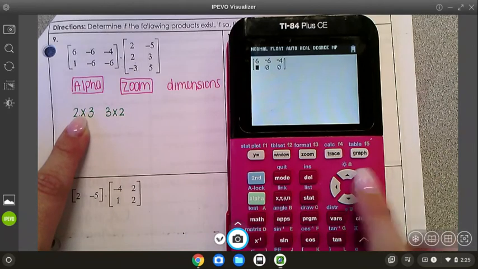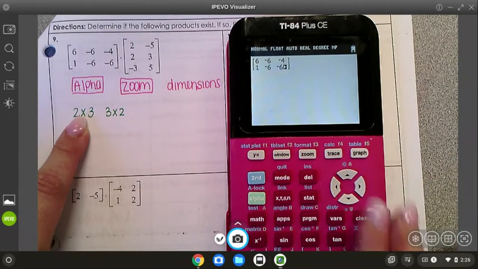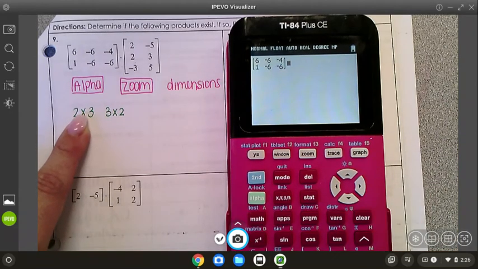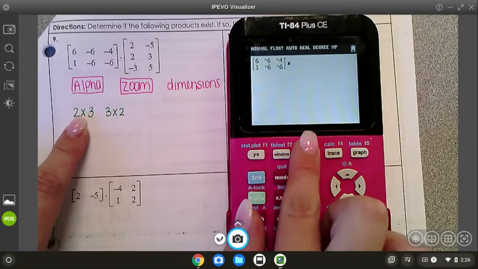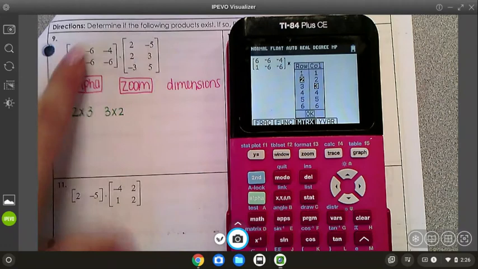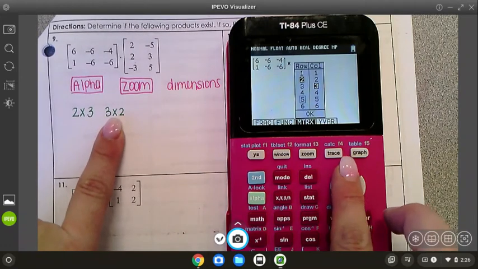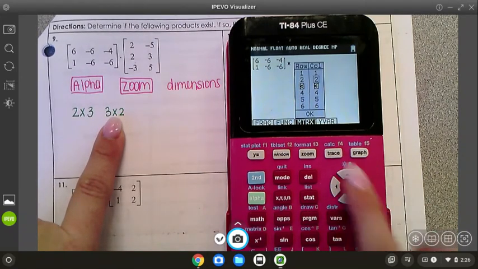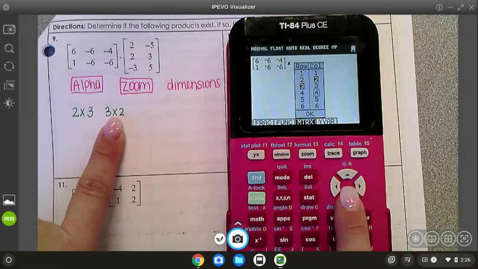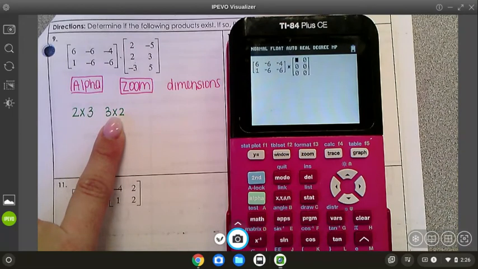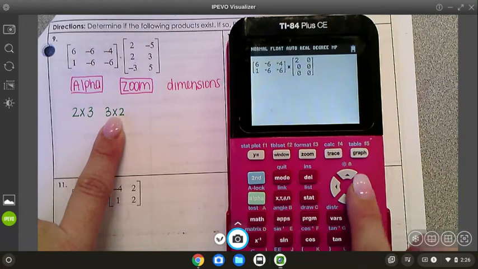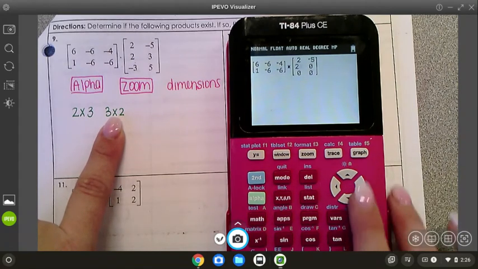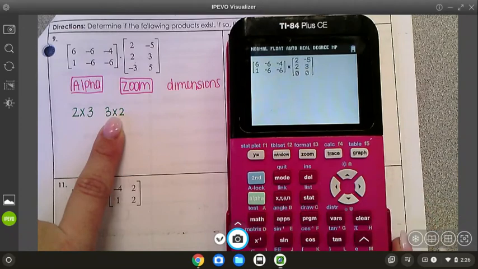And I'm just going to type in all of these numbers. And then I'm going to click times and go back to alpha zoom. And this time I'm going to pick a 3 by 2. And type in those. It's very important that you pay attention and do it correctly.